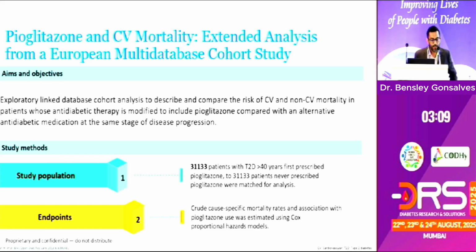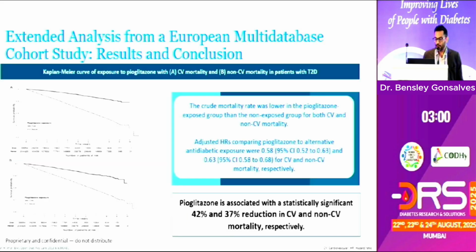So various evidences show that pioglitazone helps in CV mortality. This multi-database cohort study showed that pioglitazone is associated with a statistically significant 42% and 37% reduction in CV and non-CV mortality respectively.